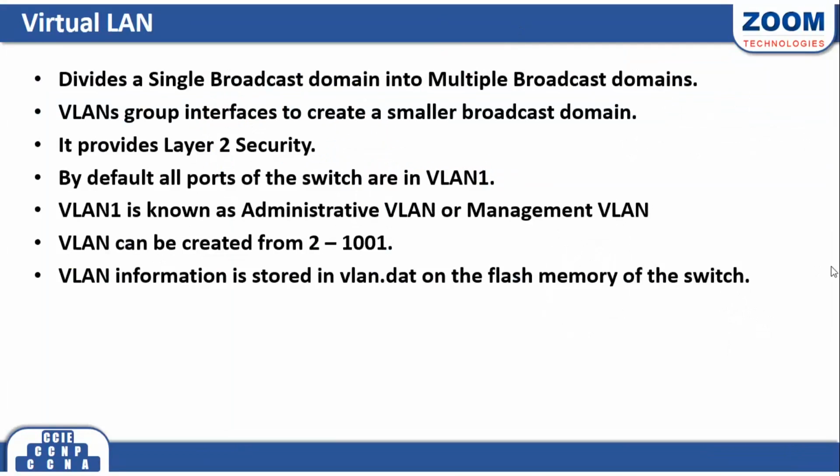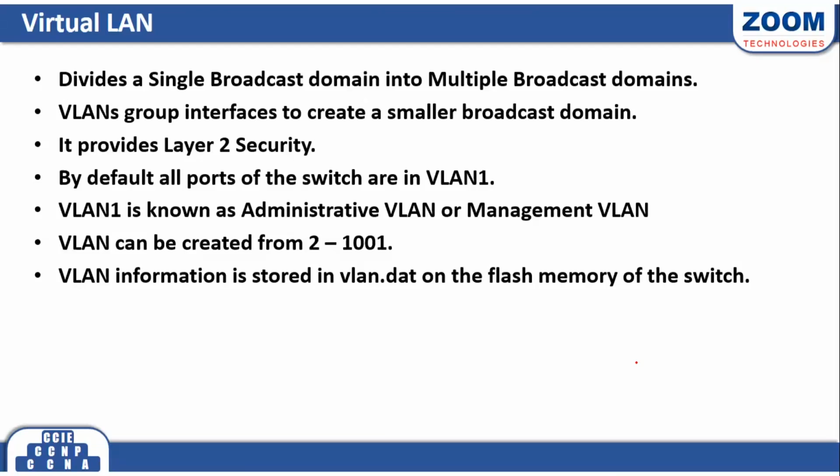Sir, can we make only one VLAN in one switch, or combine three into one? Yes. By default, one switch has VLAN 1 only. Does it have any limit, sir, like 24 ports? If you want to add ports to a VLAN, there is no limit. Any number of ports we can add.